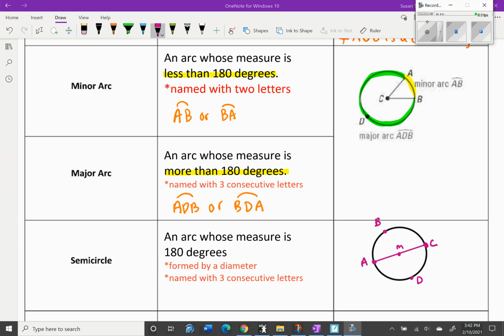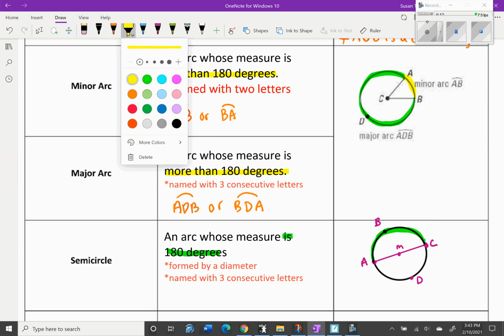And this next one is a semicircle, an arc whose measure is 180 degrees, so it has to be equal to 180 degrees. So for this, you can see that the diameter has to be right here, so it would go through. The diameter tells us that this arc right here would be half the circle. Or of course, you could use this side over here as well.